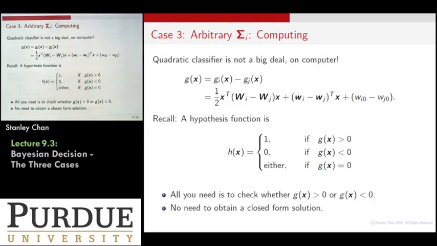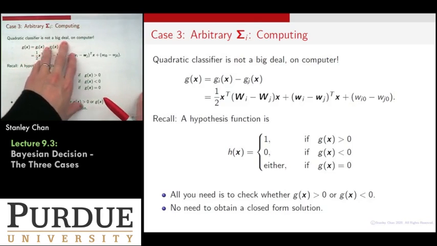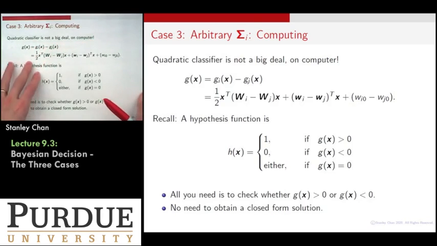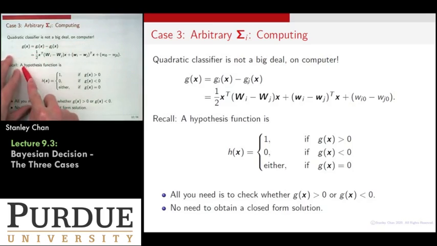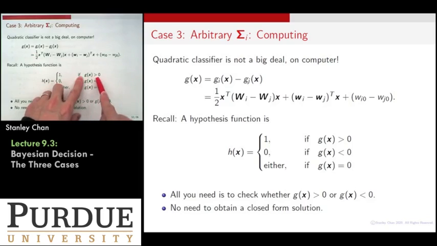All right, so this slide summarizes what we do on computer. So the quadratic classifier is not a big deal on computer. The hypothesis, what you do is really to check whether this G is bigger than 0, less than 0, or equal to 0. So when you're given a project, homework number 3, you will have the opportunity to practice this.